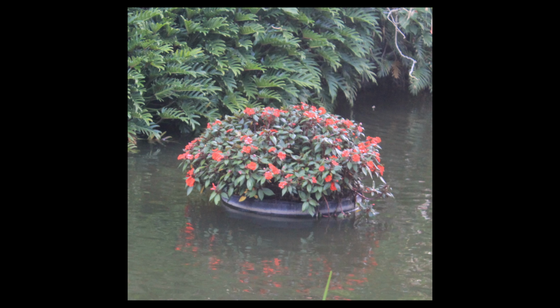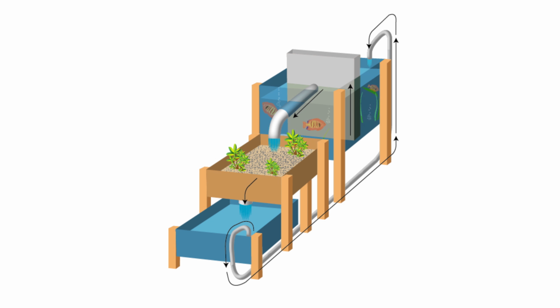In other systems, plants can float on the surface of separate water tanks or ponds with their roots protruding into the water from some sort of floating raft. Some systems may have multiple water tanks.